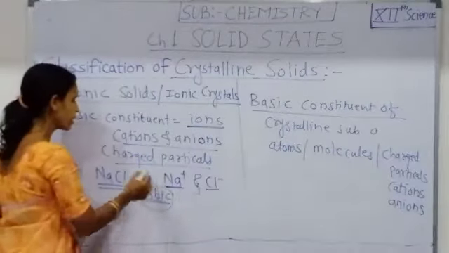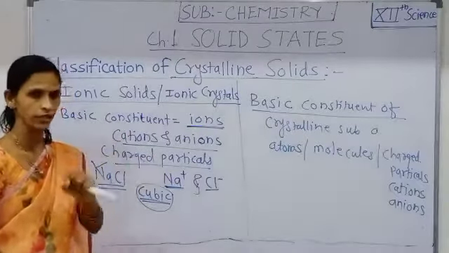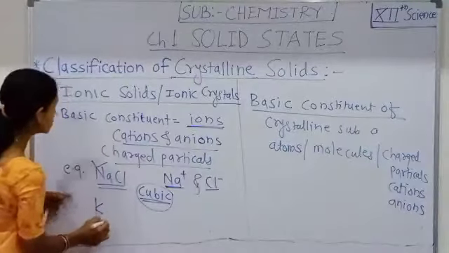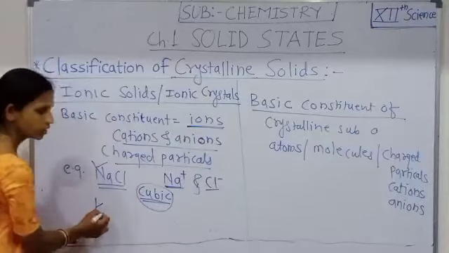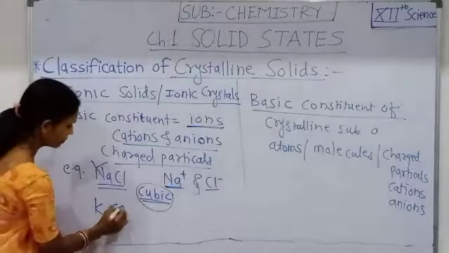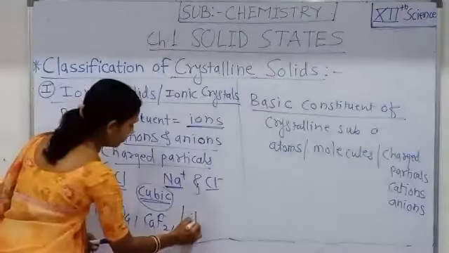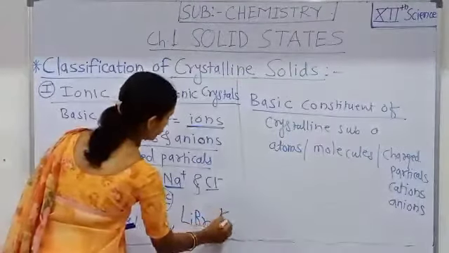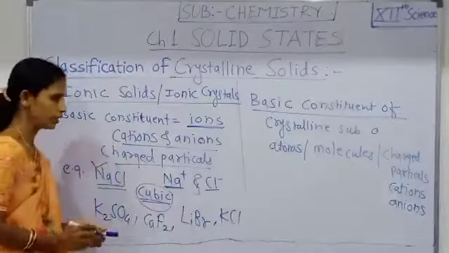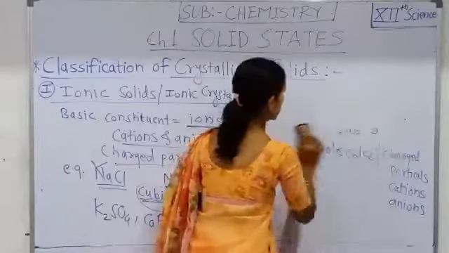You studied that in the previous lecture. Similarly, a few more examples of ionic solids are K2SO4, CaF2, and LiBr.